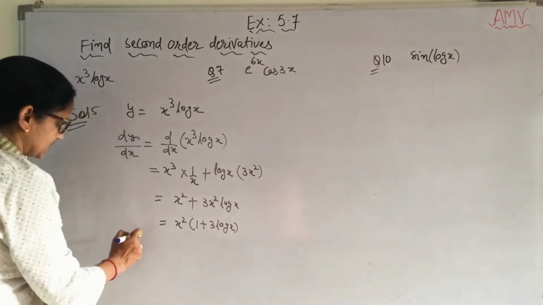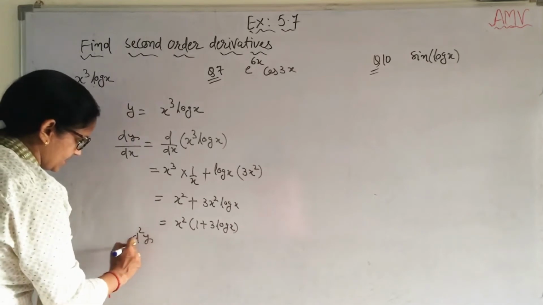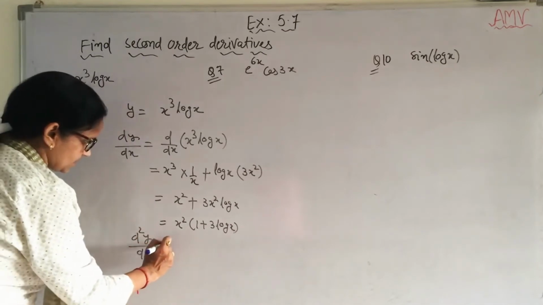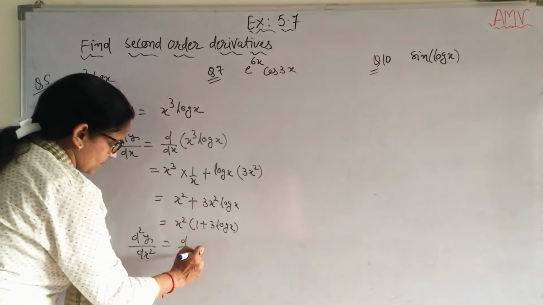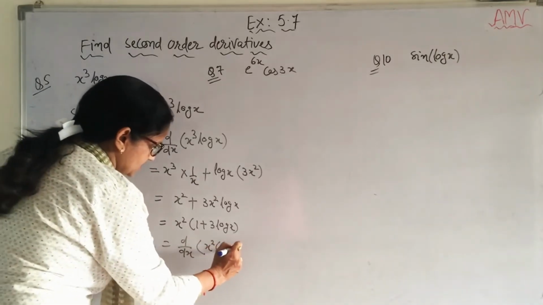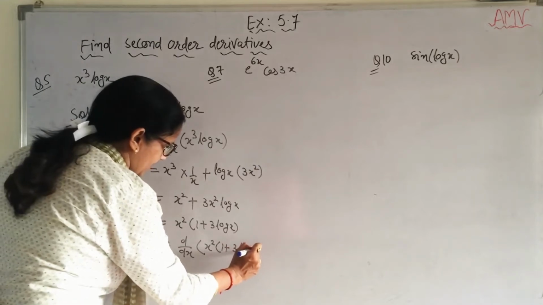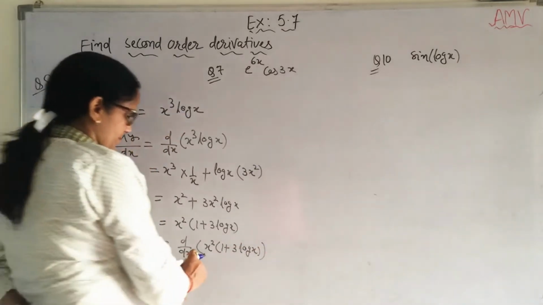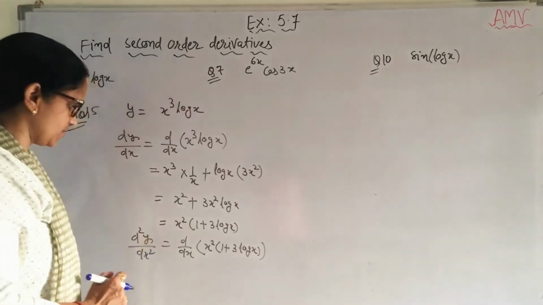And now find the second order derivative, d by dx of x square (1 plus 3 log x). Now again apply the product rule.